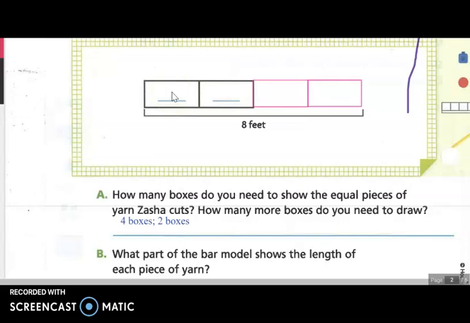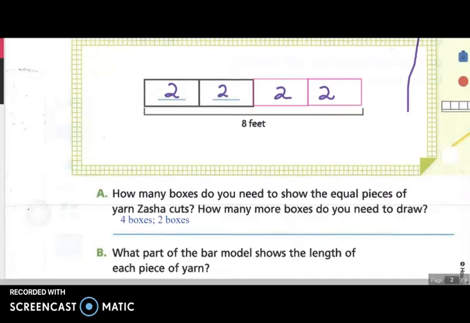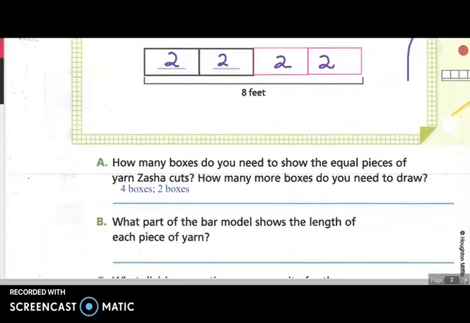So on these lines, we're going to put 2's, and we're going to put 2's in the boxes we drew. So it should look like that. And then part B says, what part of the bar model shows the length of each piece of yarn? Which shows the length of each piece of yarn? These little labels.